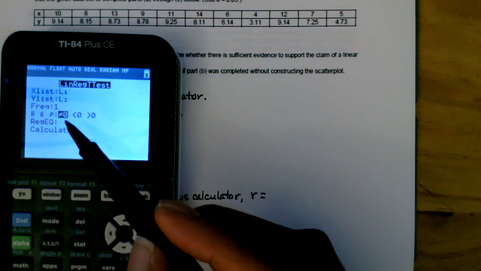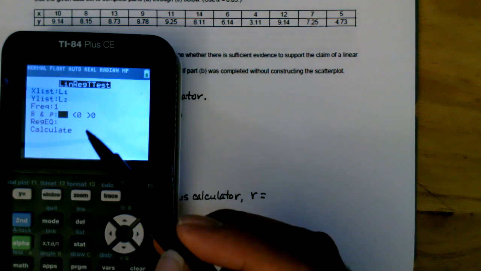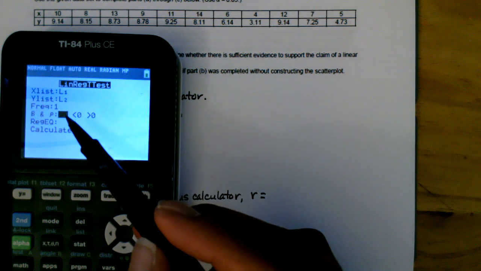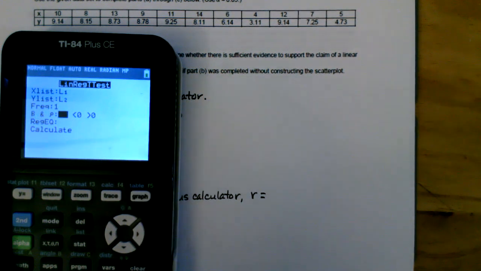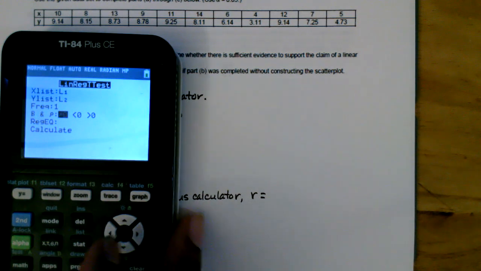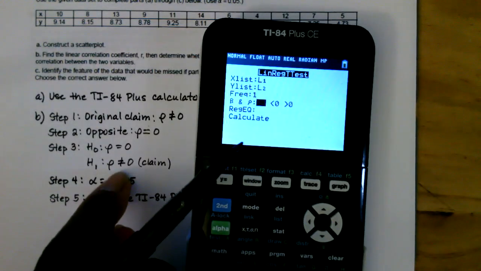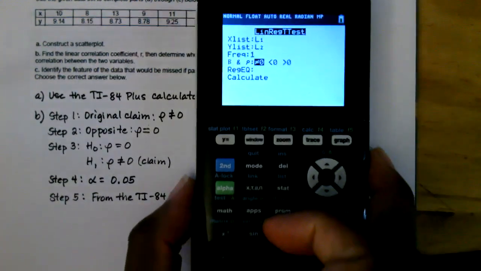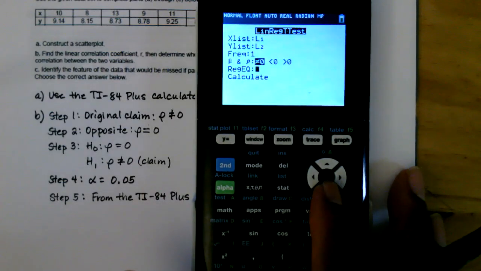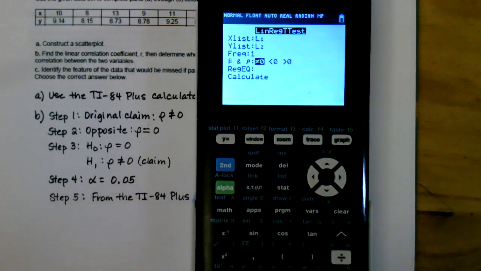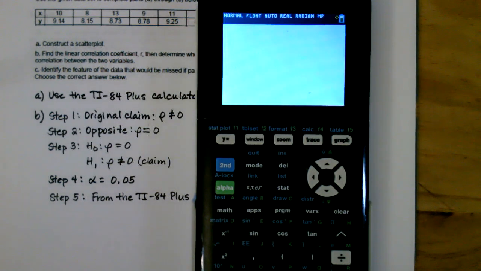Not equal to 0 will always be highlighted. You're never going to have to use less than 0 or greater than 0. You'll be using not equal to 0, and that's going to come from your alternative hypothesis here, where rho is not equal to 0. Okay, skip over this and then go down to calculate. Put the cursor on calculate, press enter.